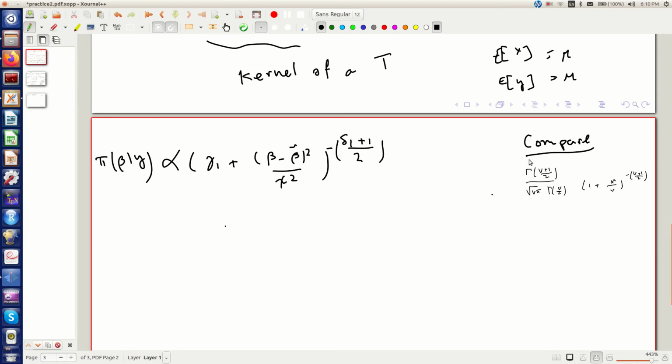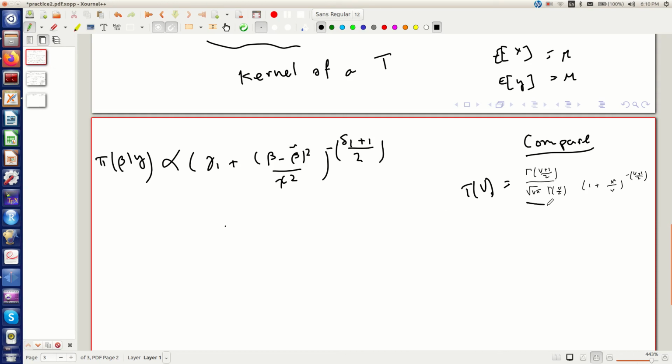Okay, so this is what I'm comparing it to. The degrees of freedom are right here, they're new. So this is a t with new degrees of freedom. I need a degrees of freedom parameter there and a 1 here.